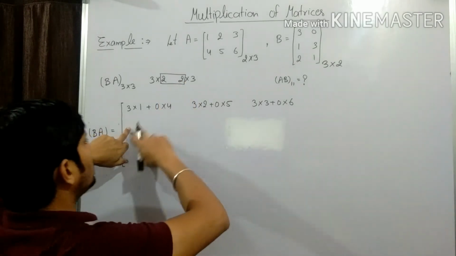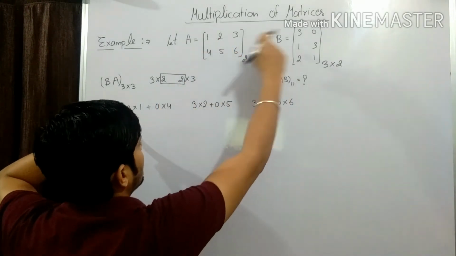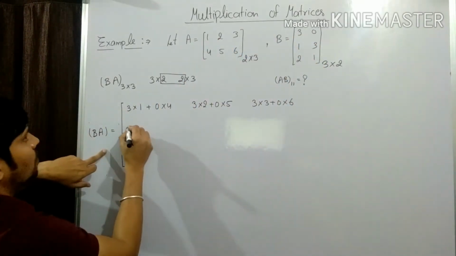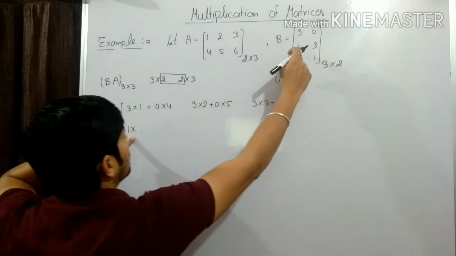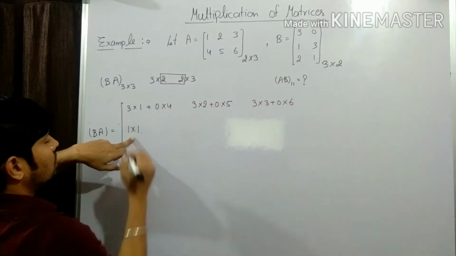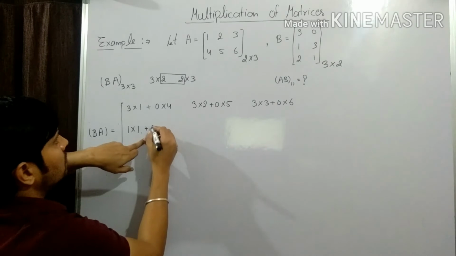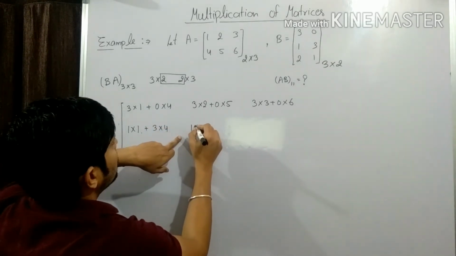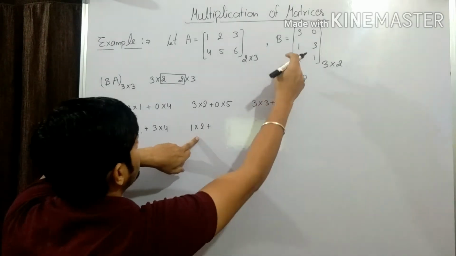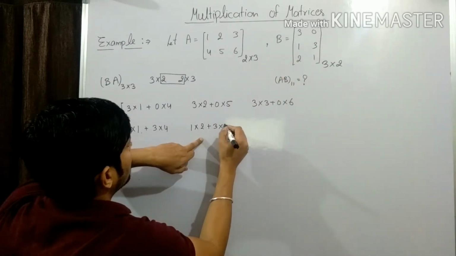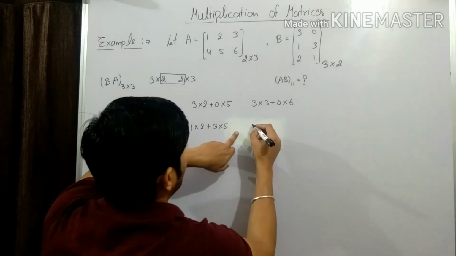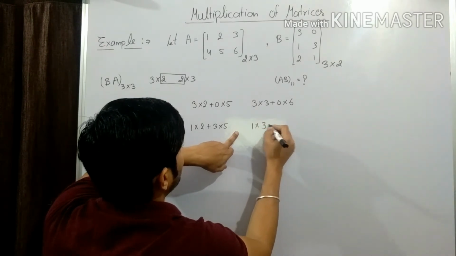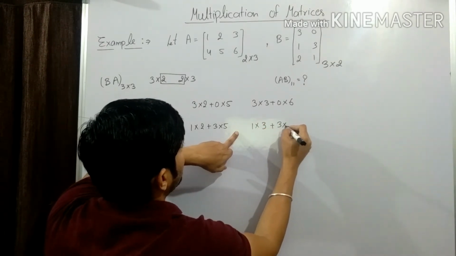Similarly we can find the other elements. This is the second row: 1 cross 4 multiplied with the first element, then 1 cross 2 plus 3 cross 5, and 1 cross 3 plus 3 cross 6.